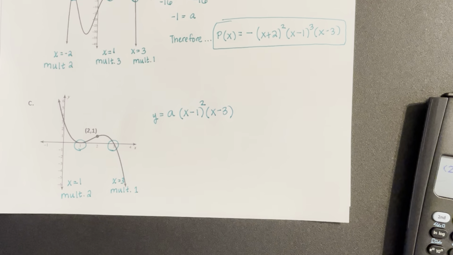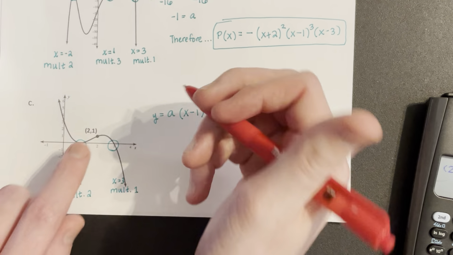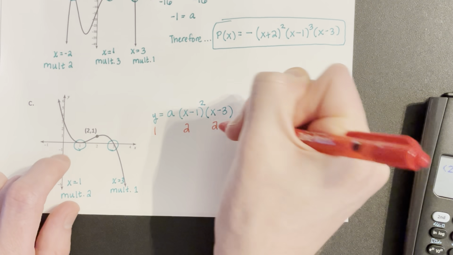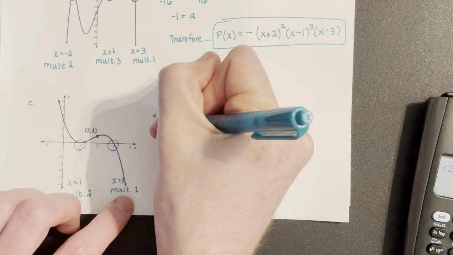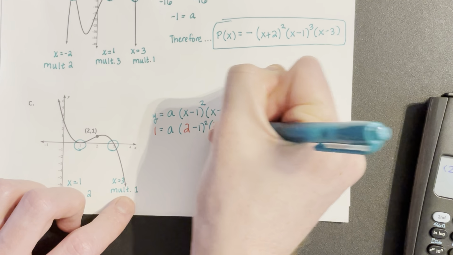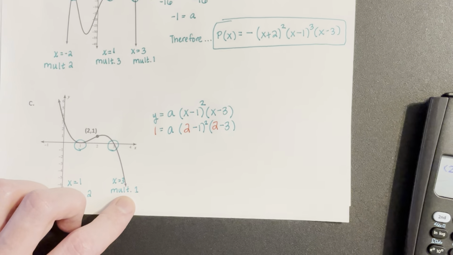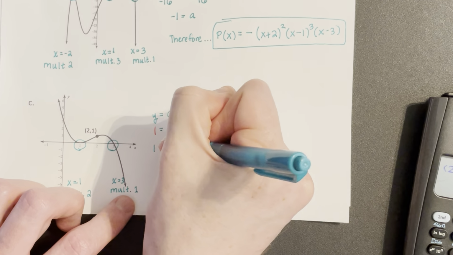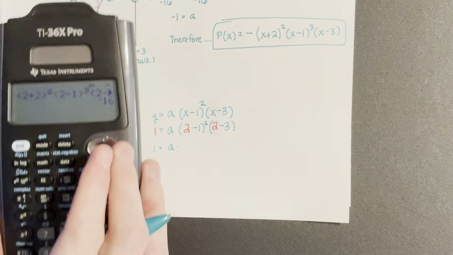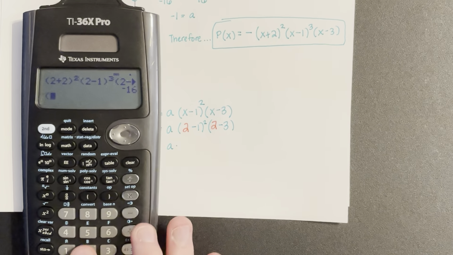If I plug in a point, I know 2, 1, that means that y is 1 and x's are 2. So y equals a times (2 minus 1) squared, (2 minus 3). That would be a times 2 minus 1 is 1 squared. That's just 1, but I'll put it in here for you.